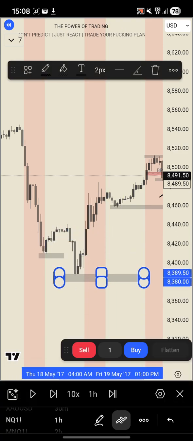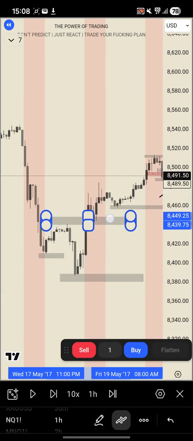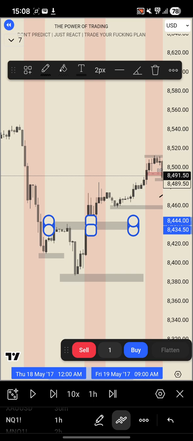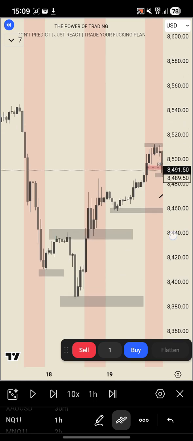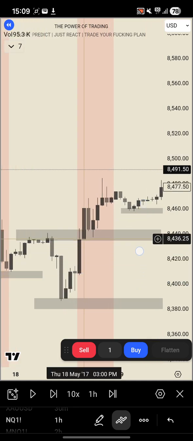Made another lower low. Price had its lower high, but then the lower high got broken. Now it got broken in New York session. This is what this red bar indicates.